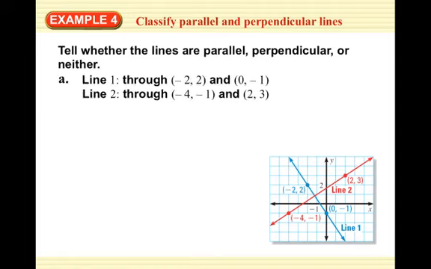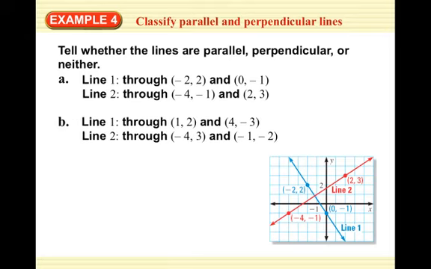So for part A, we've got line 1 going through negative 2, 2, and 0, negative 1. We also have line 2 going through negative 4, negative 1, and 2, 3. So the process here is you find the slope for each line and then you compare them. You look to see if they're equal, which means they're parallel. You look to see if they multiply to be negative 1, which means they're perpendicular, or if they have any other relationship to each other, it's neither.